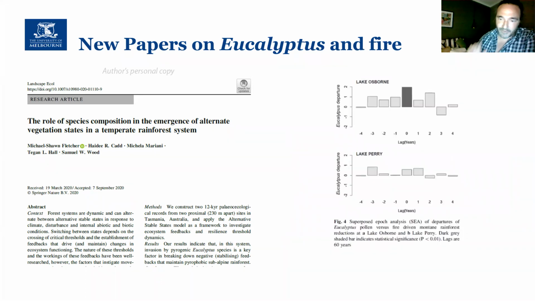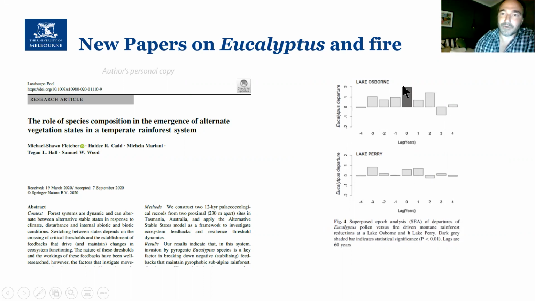And it turns out that every post-fire shift in rainforest at the site that eventually collapsed saw an increase in eucalypts, whereas at the site that didn't collapse, there was no increase in eucalypts. And this is reflected in this superposed epoch analysis.